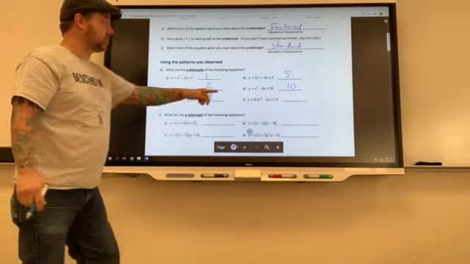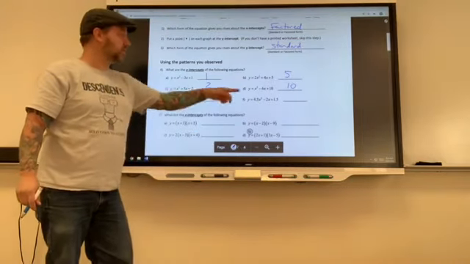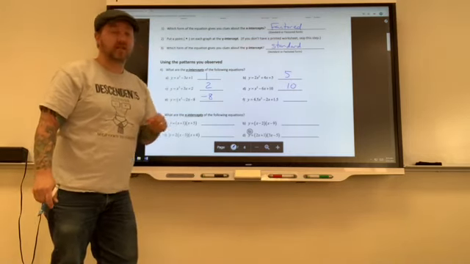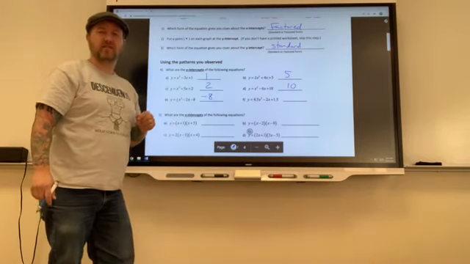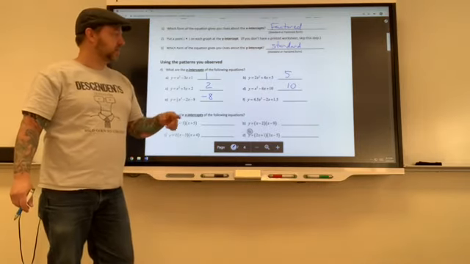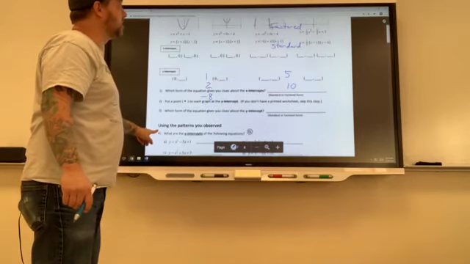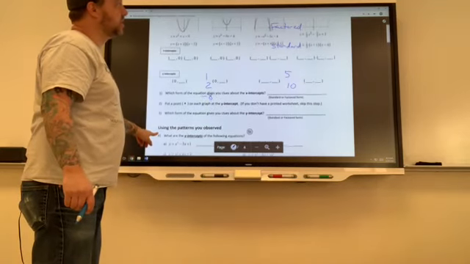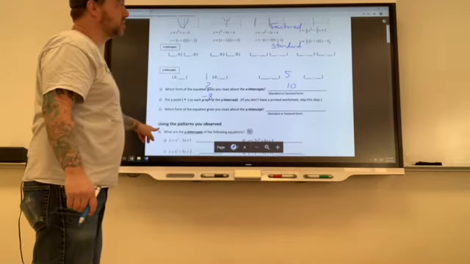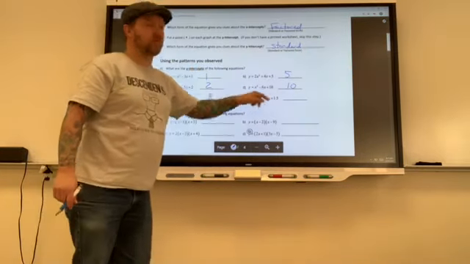Now, this one's tricky. Why is it not 1.5? Because we've got a 4.5 there. So do we factor everything out first? Or do we? Let's look back. No, that's okay. Does it make sense that the y-intercept is still 1.5?